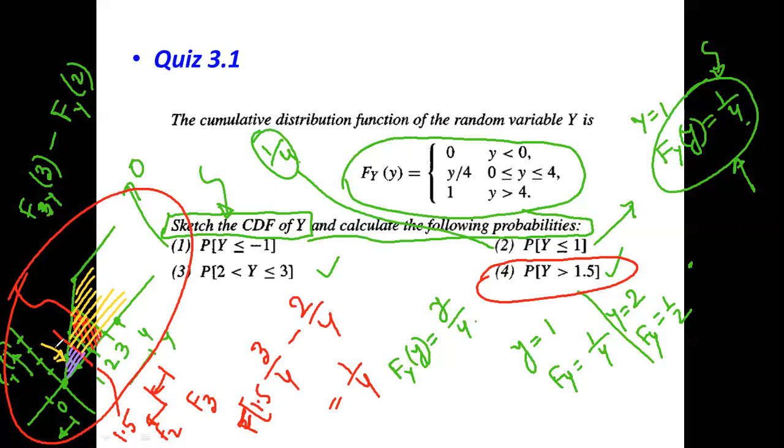So we find it by 1 minus the CDF at 1.5.